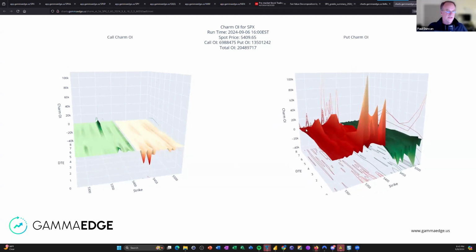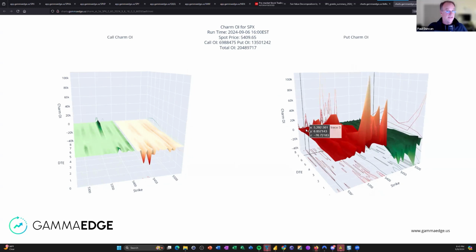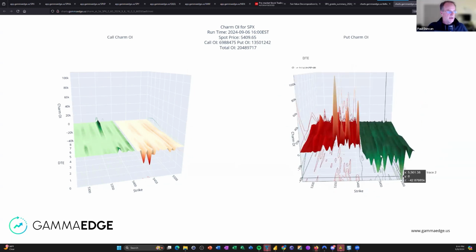Now, there's a couple of things that you really need to buckle down and memorize here, and hopefully it becomes second nature. So remember, in the money puts are over here in the right-hand plane, right? We have two things. We have in the money puts or we have out of the money calls. It's the only two options you get, no pun intended.